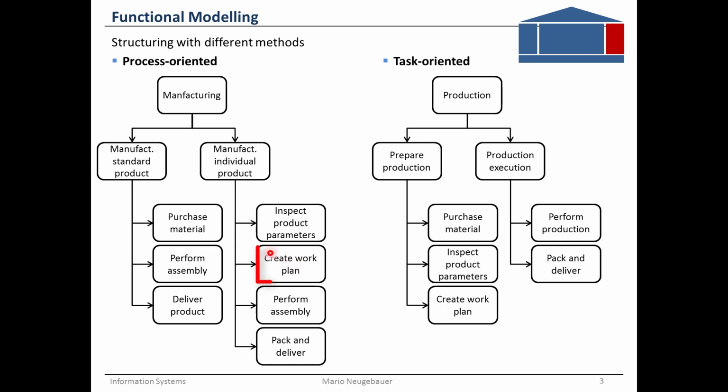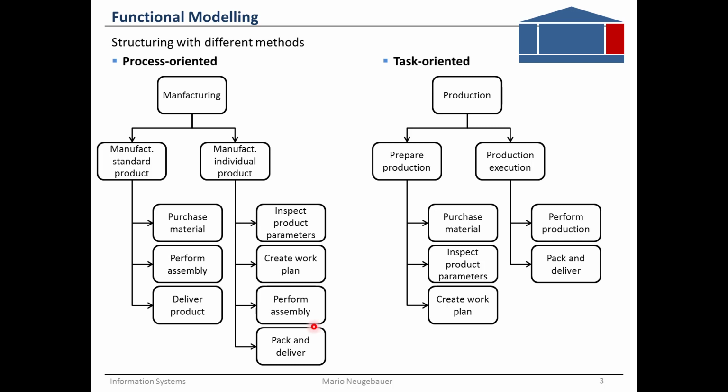Then you have to individually create a working plan. You have to perform the assembly, you would do the production, and you would do the outbound delivery. So again, these different steps are important for realizing your entire business process. And if you follow these steps, then you fulfill the production of your individual product.